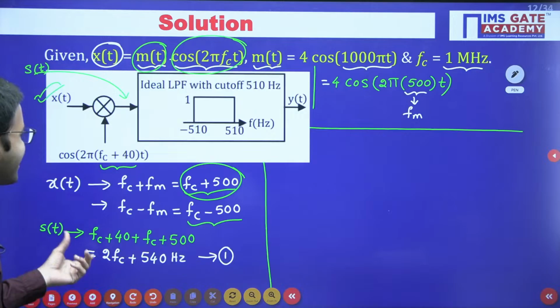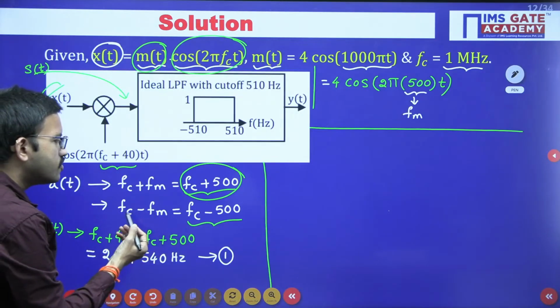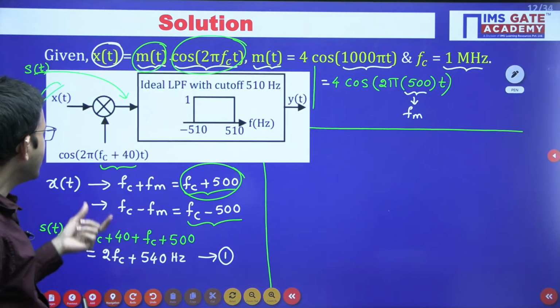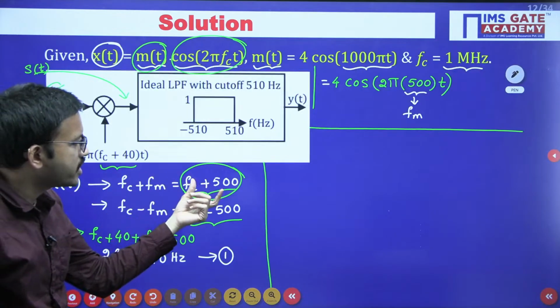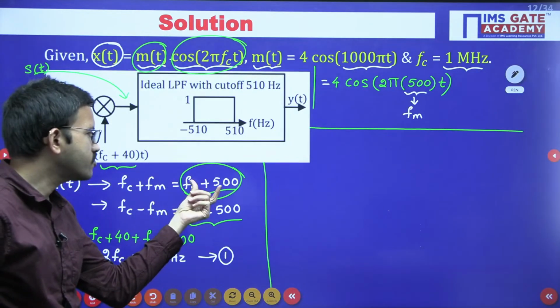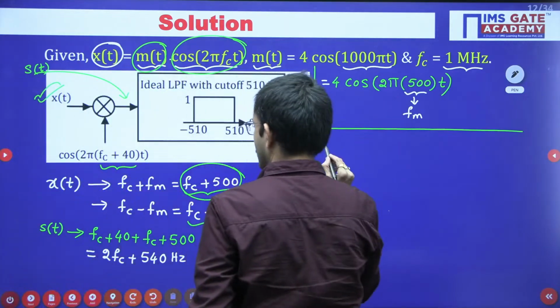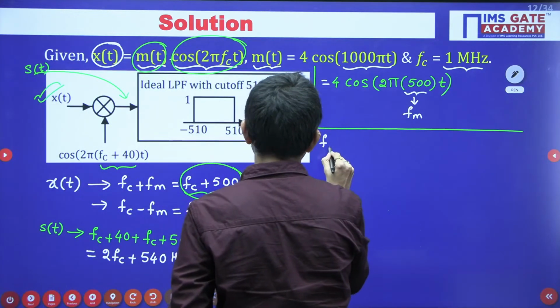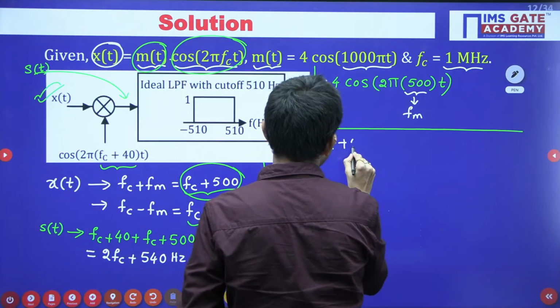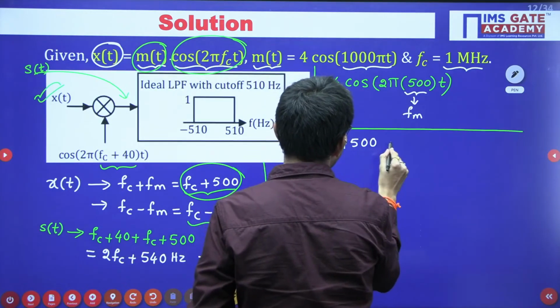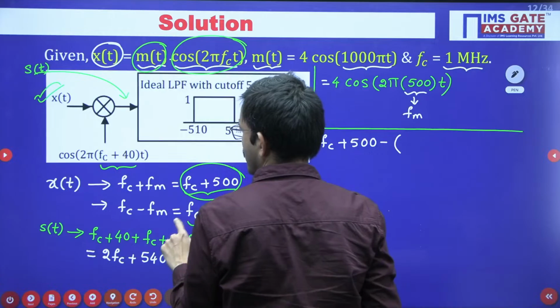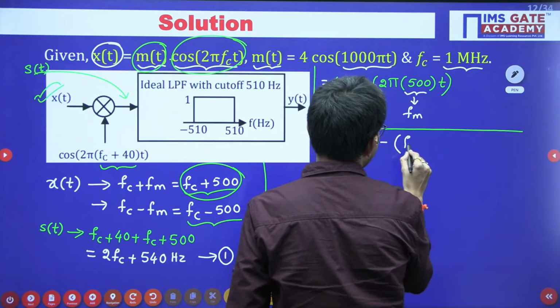Now the second one is what? The difference of those 2 frequencies, right. When you look at fc plus 40 and fc plus 500, which one is larger? Obviously fc plus 500 is larger, so you subtract the smaller from the larger. So fc plus 500 minus fc plus 40.